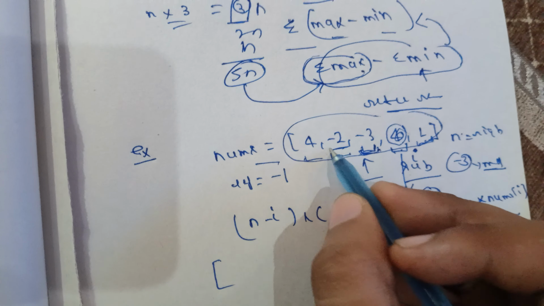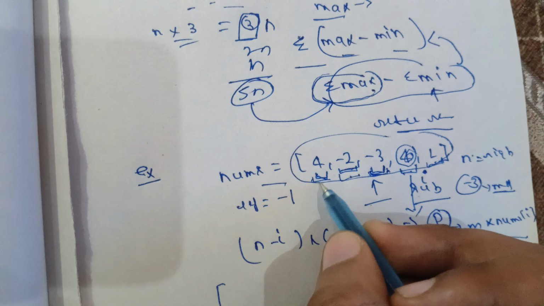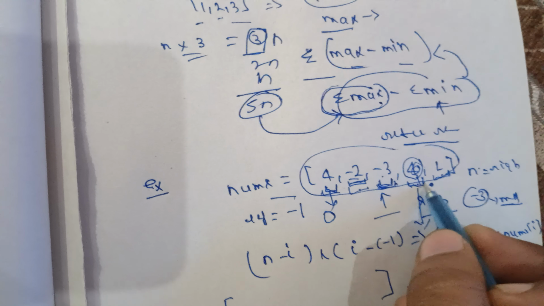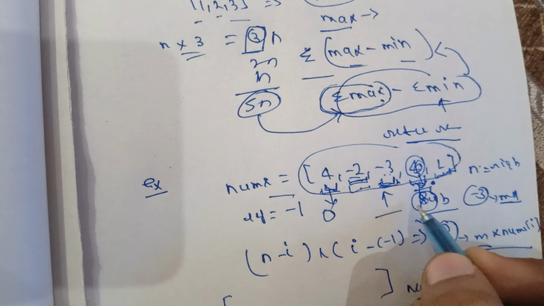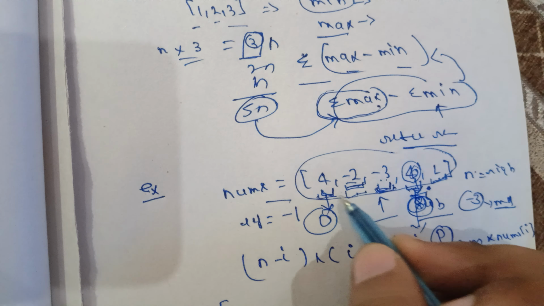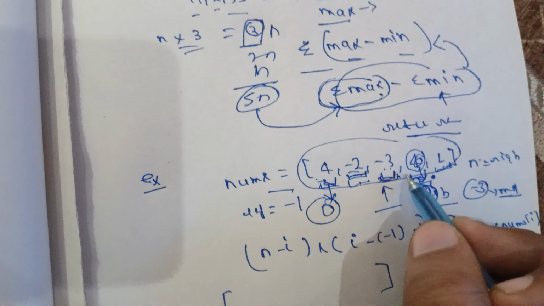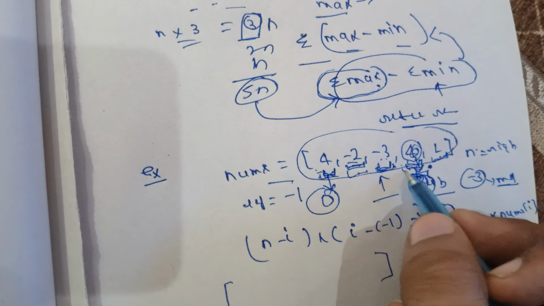Similarly, if we check for -2, 4 is greater than -2, so we found left as 0, and -3 is less, 4 is greater. So here we find this, which is the third index. So at 0 and at third, these are the previous greater and the next greater.